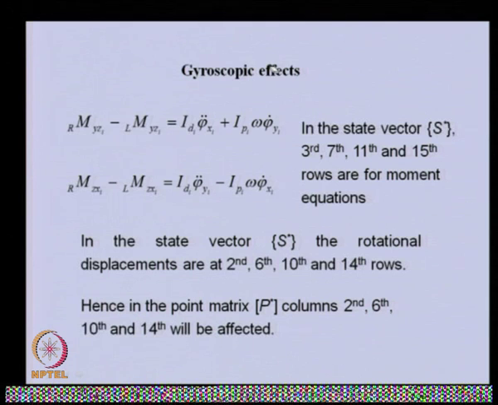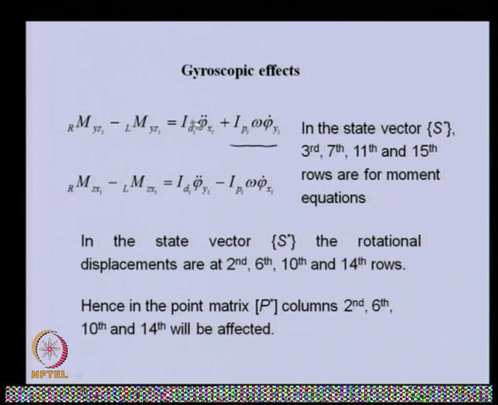The only thing is, in the disk case when there is no gyroscopic couple, earlier when we developed the point matrix, we had this kind of moment equation, only this term was not there. We had the moment balance of the disk from the free body diagram, and these are the external bending moments acting, equal to the rotary inertia of the disk.